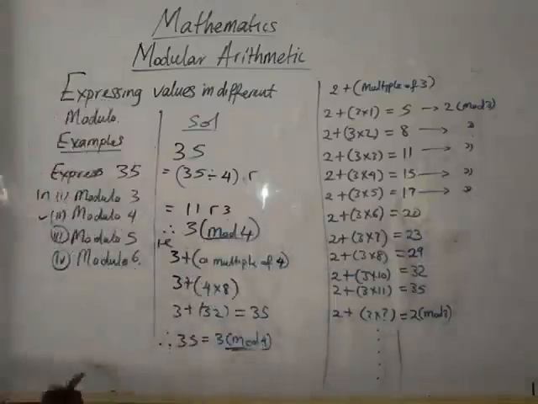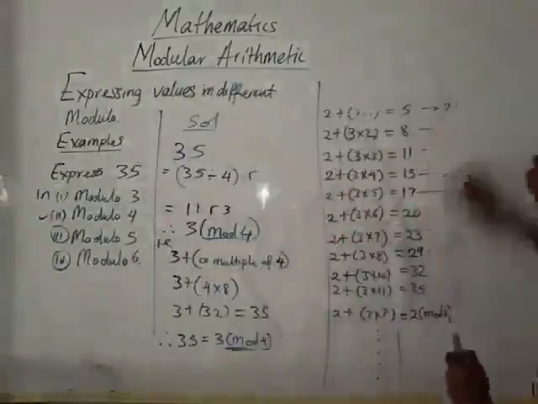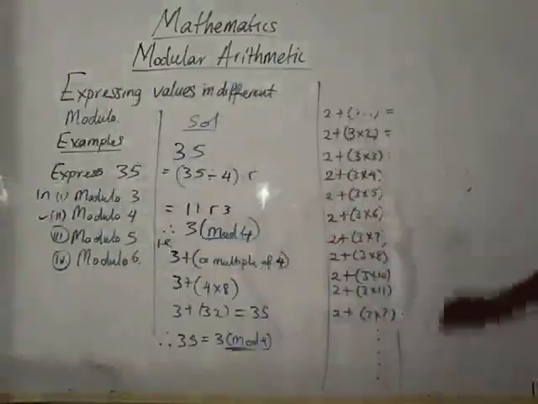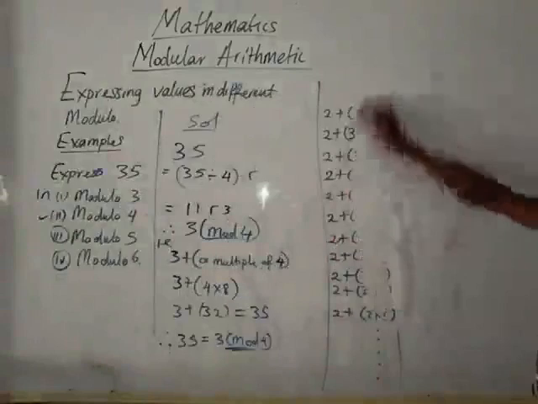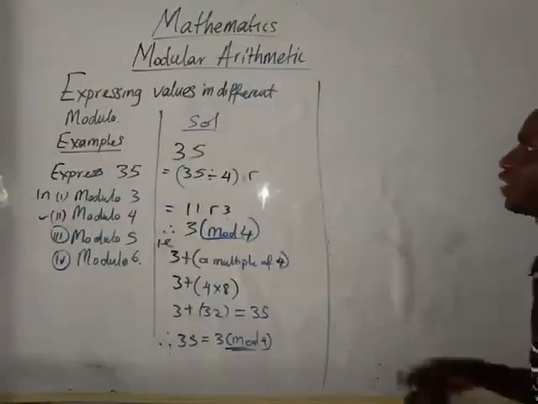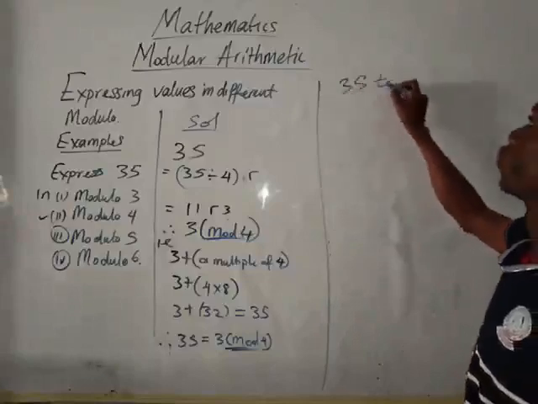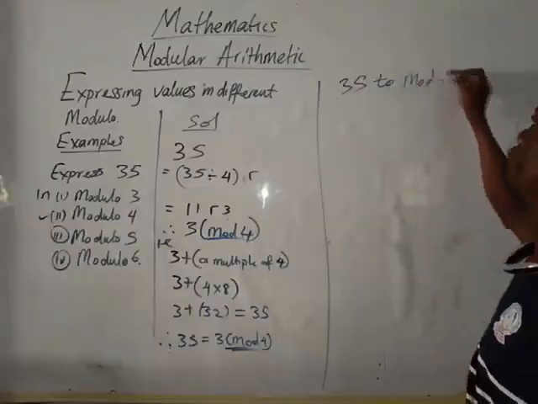Now, expressing 35 as a modulo of 5. In this case, it's going to be different. What do I mean? Let's see. 35 to modulo 5.